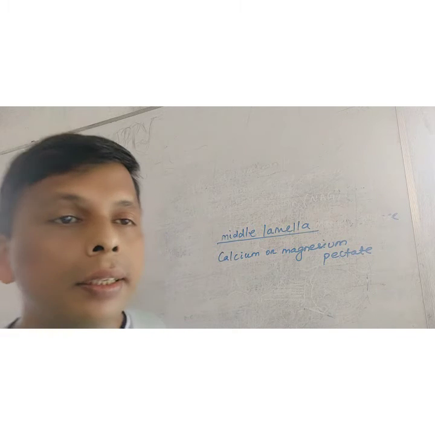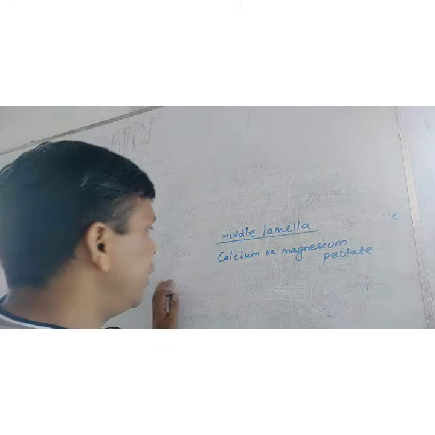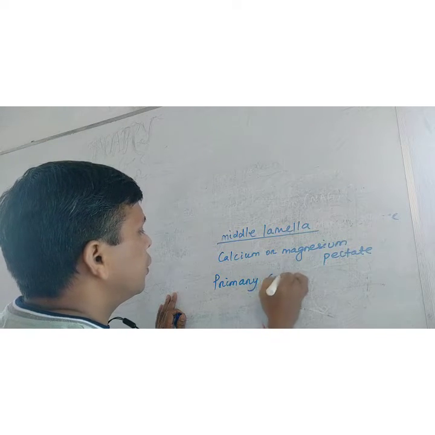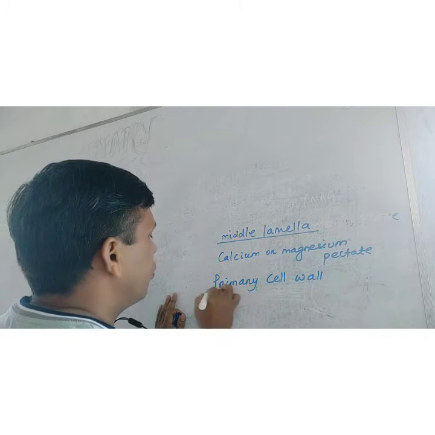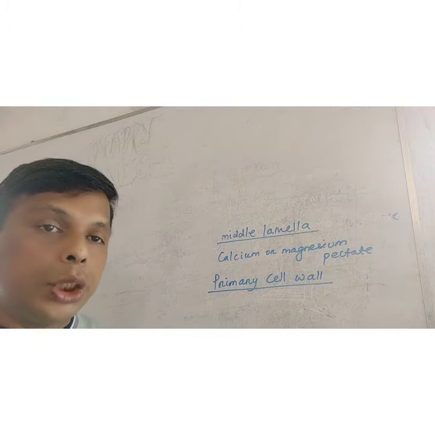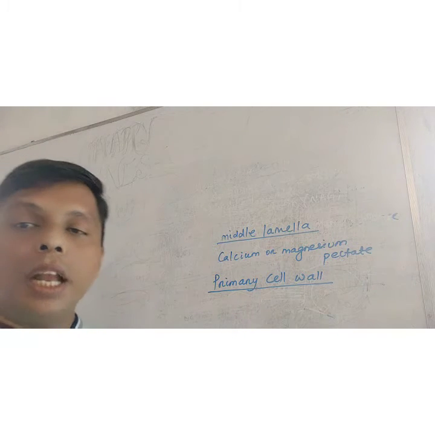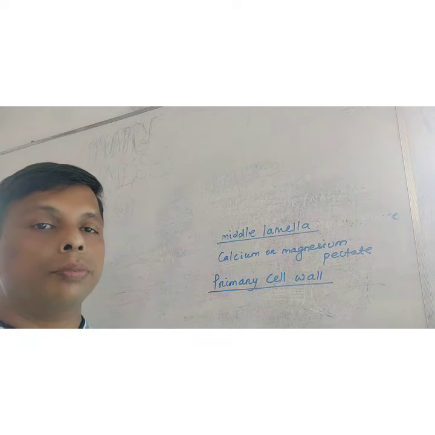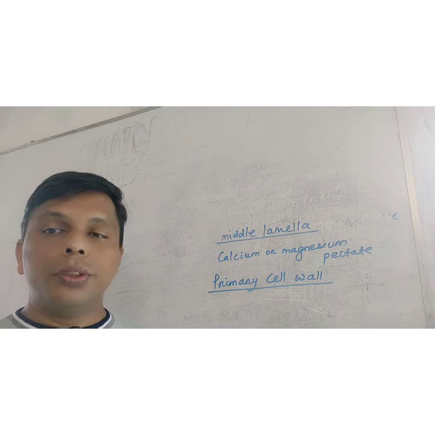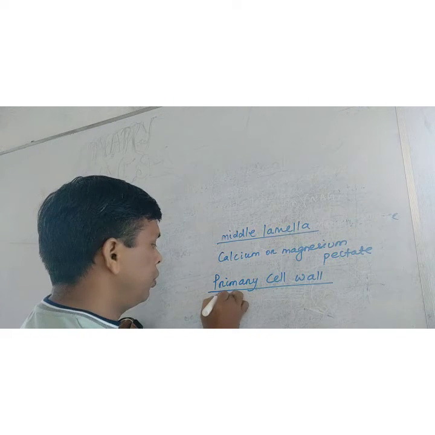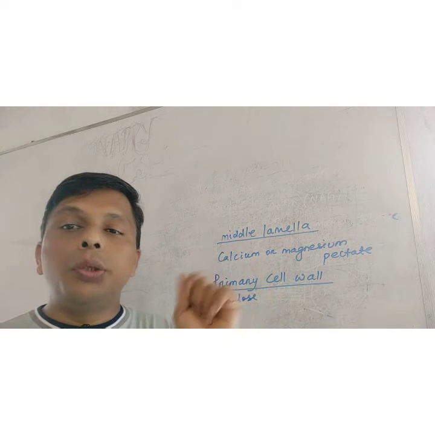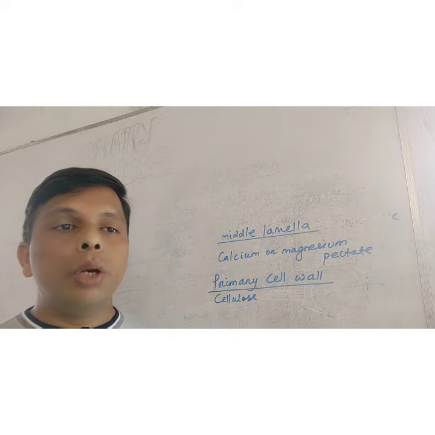Next to the middle lamella, the inner component is the primary cell wall. What are its constituents? It is situated inner to the middle lamella, just below it. In plants, it is formed of cellulose, and there are three network systems found in the primary cell wall.